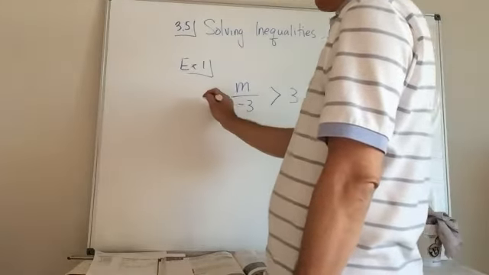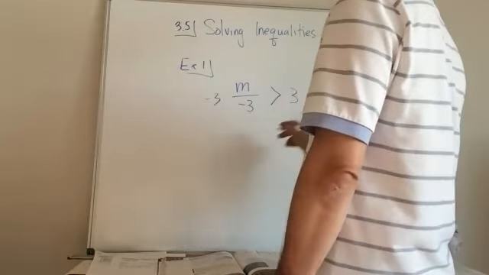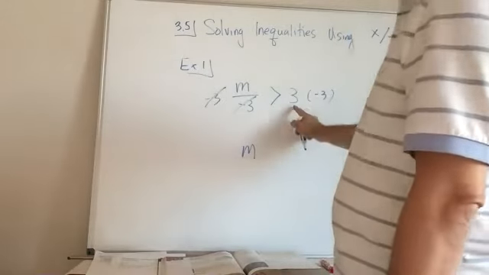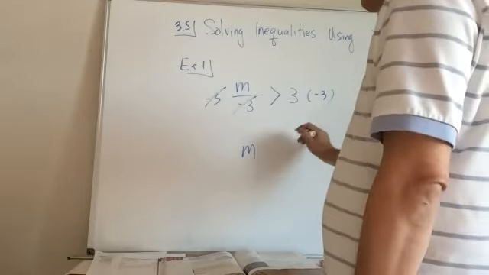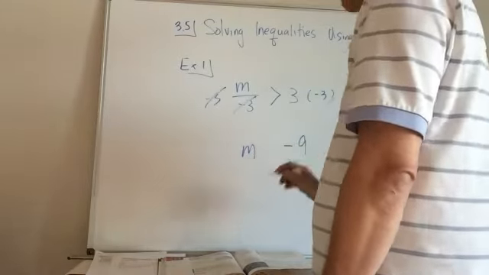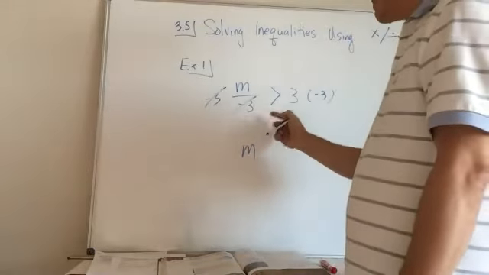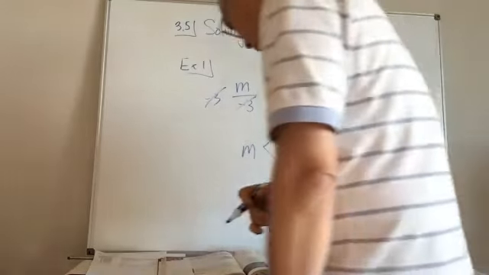So I'm going to multiply everything by -3. This cancels out m. On this side, I have a positive number times a negative number, so it's a negative number, -9. But since I multiplied by a negative number, I have to flip this sign to look like this.